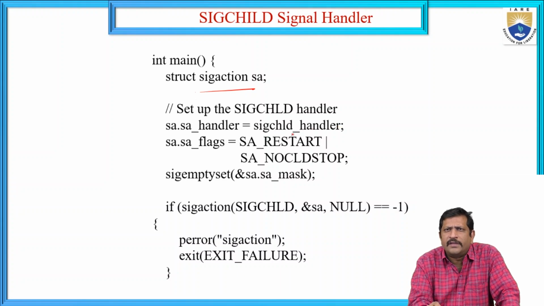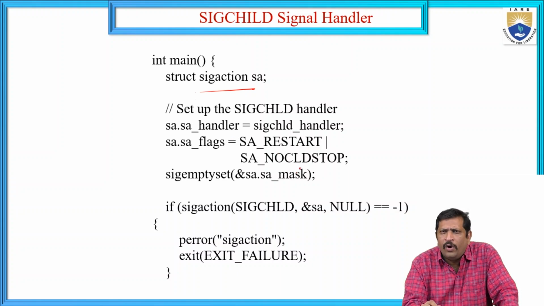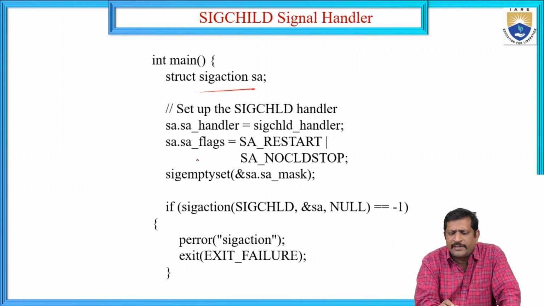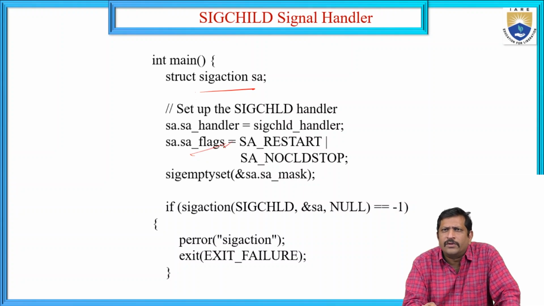Now here the SIGCHLD handler is assigned to the signal action. Also SA_RESTART or SA_NOCLDSTOP is assigned to the signal action flag. So we are now assigning the flags to the signal action.